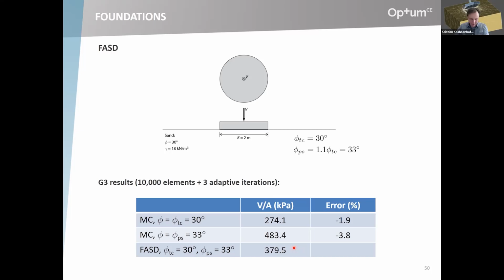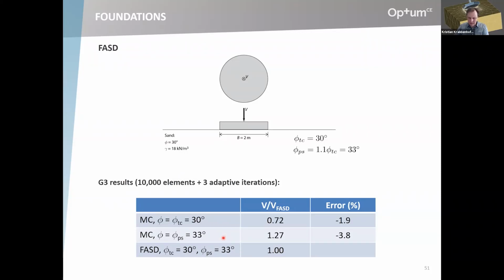If you normalize by the FASD results, you get that the triaxial result and the plane strain result are about the same distance from the FASD model. So the FASD model is really the ideal compromise between these two. The problem is you don't know which of these two angles is really the better one, and in this case they're equally bad, you could say.